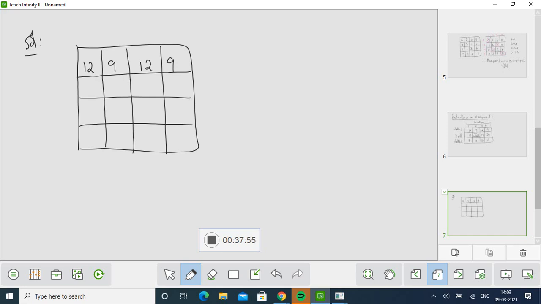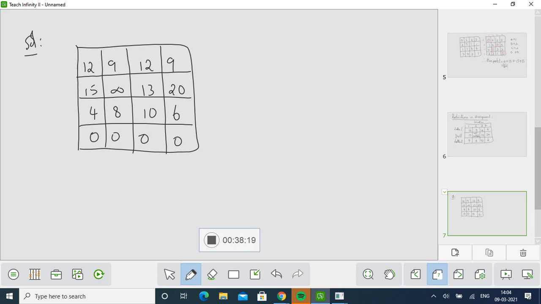Second row is 15, infinity, 13, 20. Then my third row, 4, 8, 10, 6. The last is dummy, so all the values are zeros.